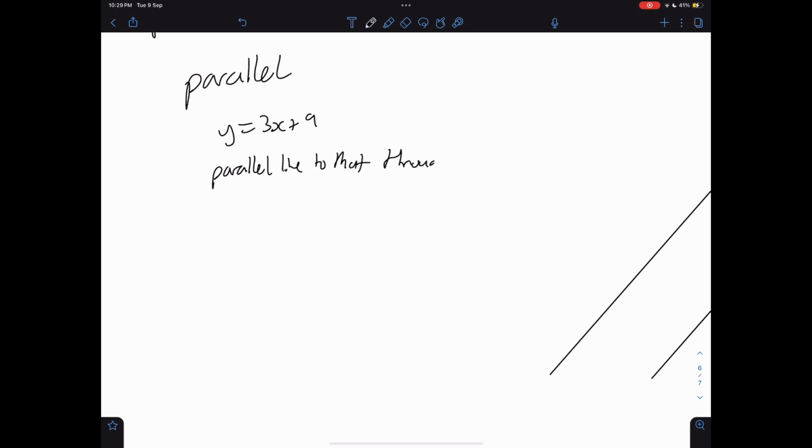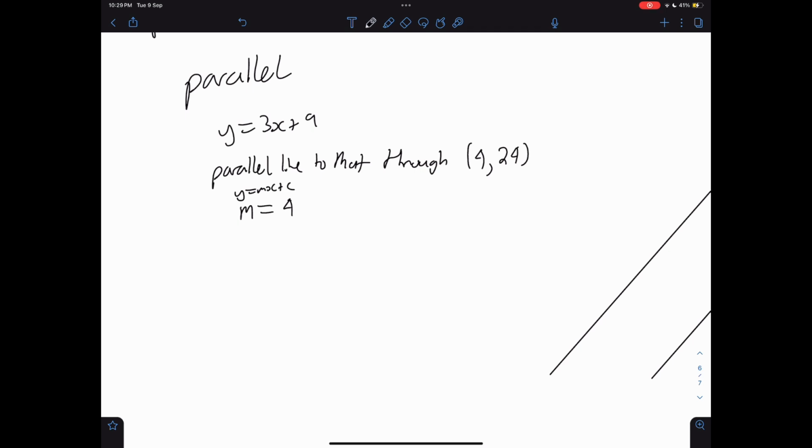through the point (4, 24). And so you would say m is equal to 3, and then you can say y equals mx plus c, just to make it clear that's what you're trying to do.